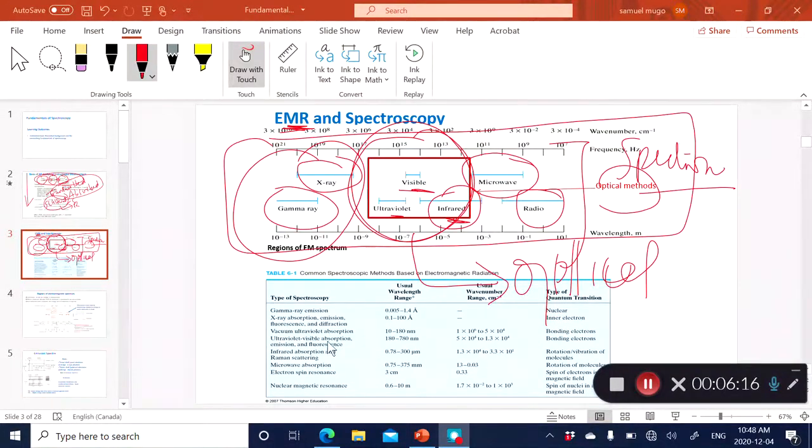If you're dealing with UV radiation, the UV radiation is going to excite, or influence the behavior of, the outermost electrons, which are called the bonding electrons. Often it's going to excite them to a higher energy level, and so on. And so all of these types of light result in different types of spectroscopies, as I have mentioned.